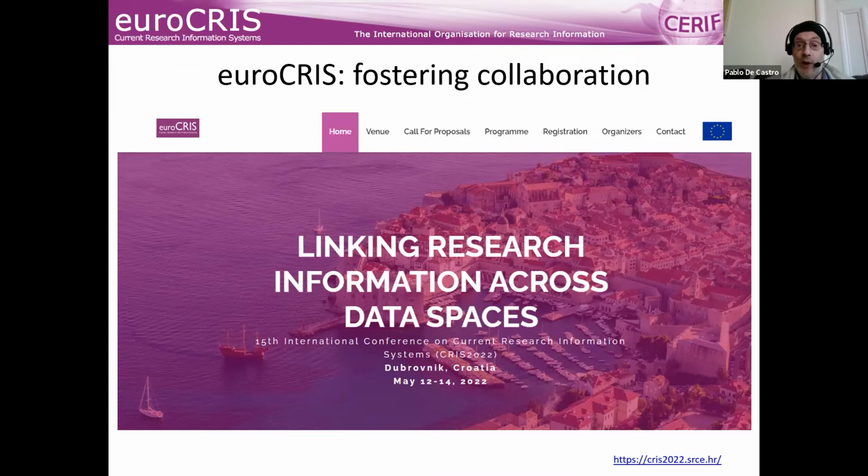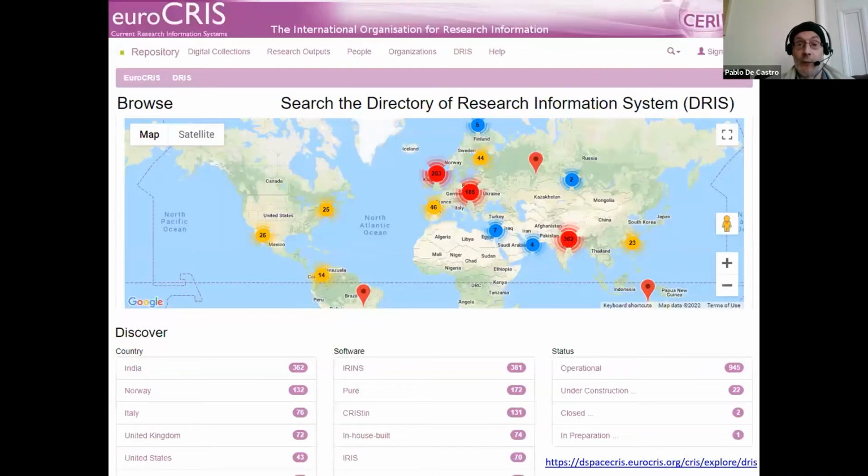Hopefully this one, which has a call for proposals open that you can check on this website, will run as an on-site event again, bringing together a wide range of stakeholders for catching up with what's been happening in the research information management landscape.